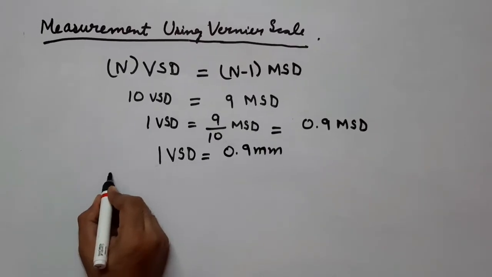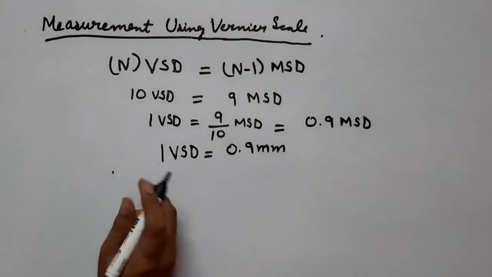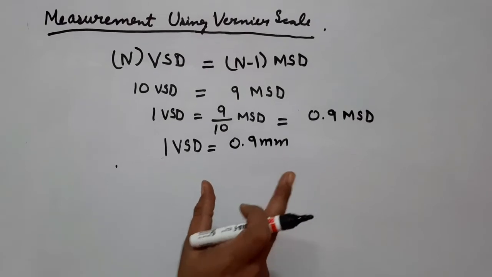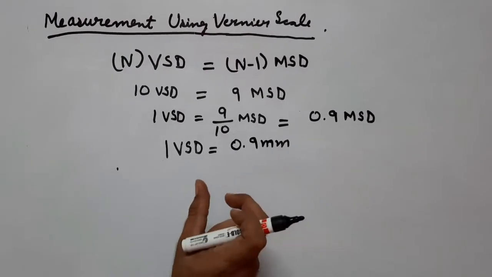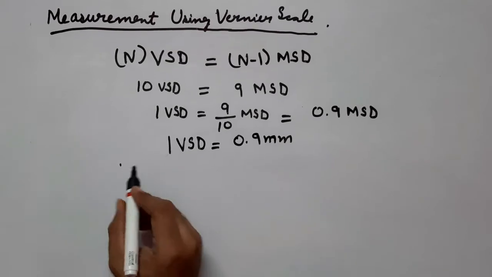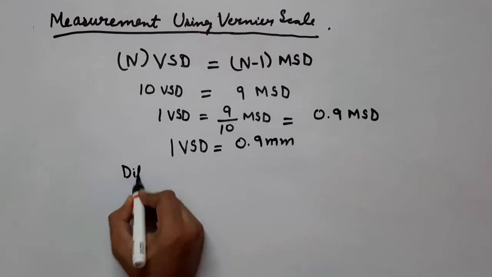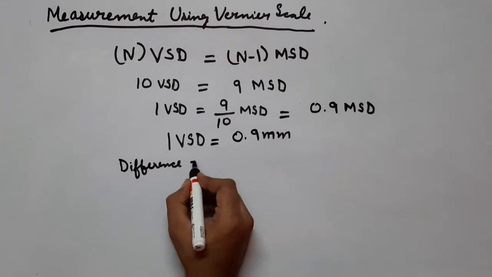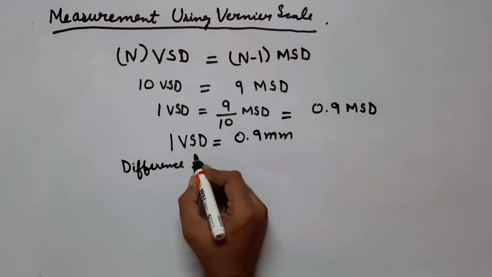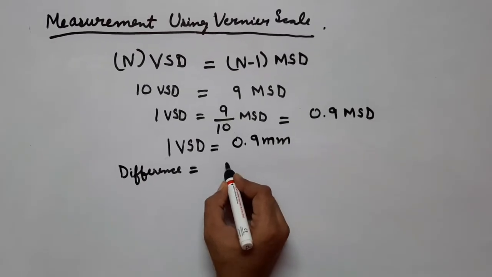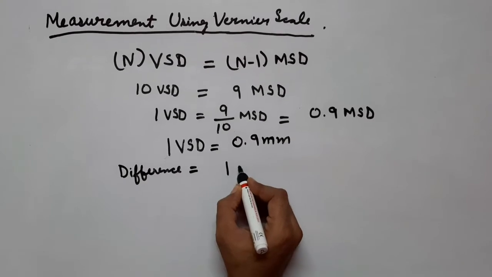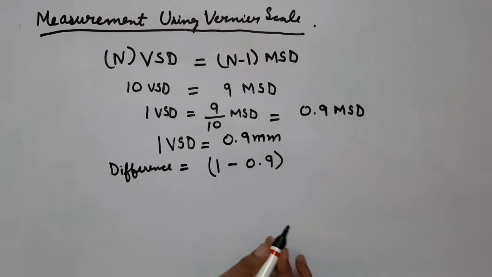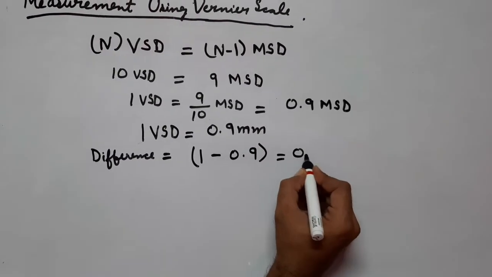Now, talking about the difference between the vernier scale division and the main scale division. The difference between the vernier scale division and the main scale division is basically the smallest length that can be measured with the vernier calipers. So the difference is equal to VSD minus MSD, that is 1 minus 0.9, that is equal to 0.1.